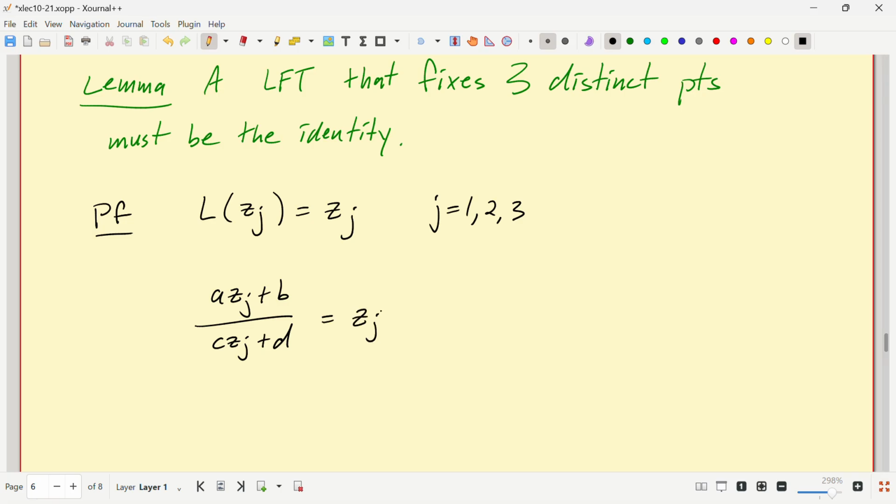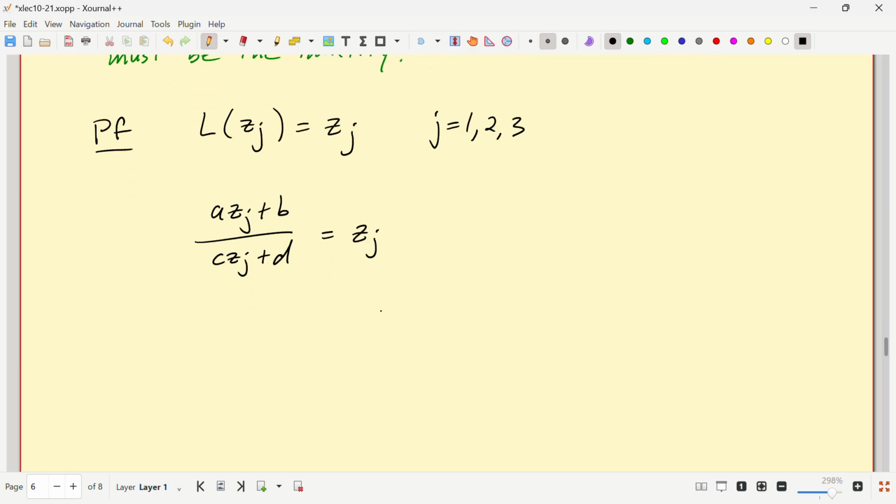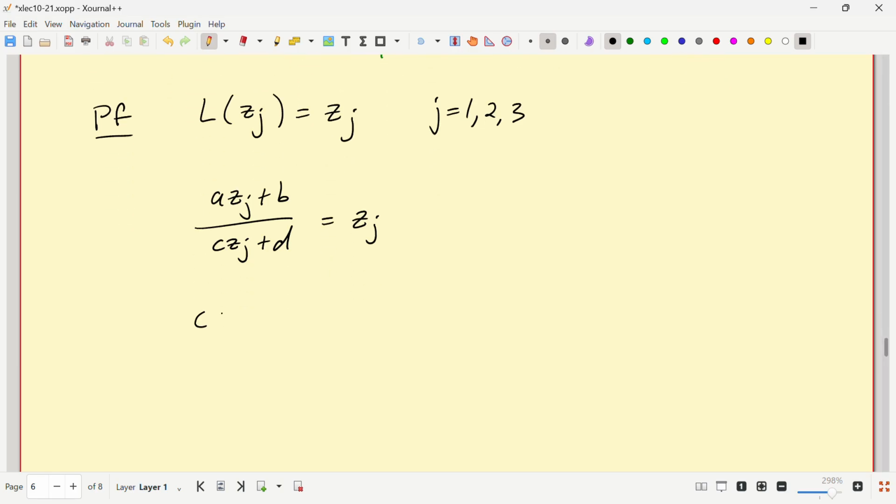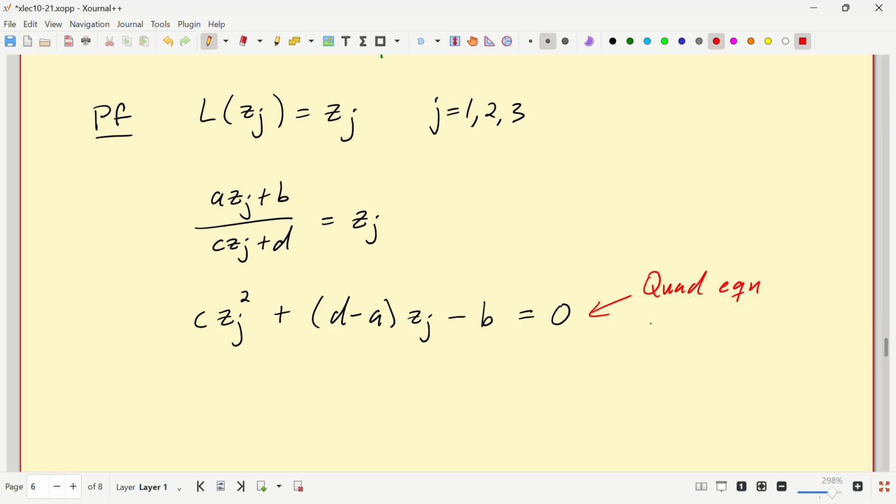Anyway, you look at that and realize, oh, that's going to give me a quadratic equation, namely C Zj squared plus (D minus A) Zj minus B equals 0. And you look at that for a little while and think, oh, well, that's a quadratic equation that has 3 distinct roots.